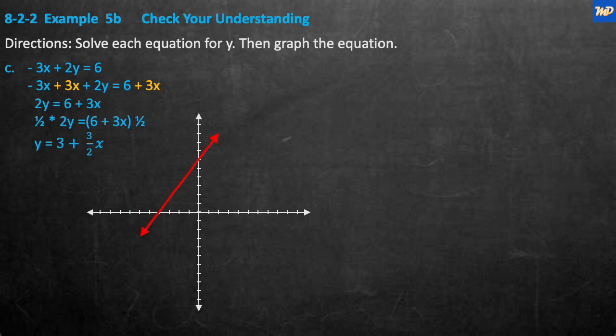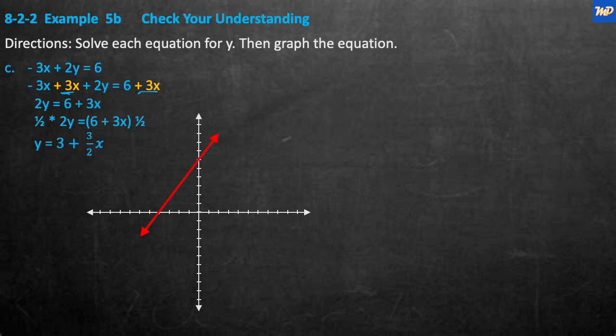To do that, we're going to add 3x to each side to get rid of the negative 3x on this side. When we simplify that, we're left with 2y equals 6 plus 3x. So now we have to get rid of the 2, and to do that, we're going to multiply by the reciprocal of 2, which is 1/2.